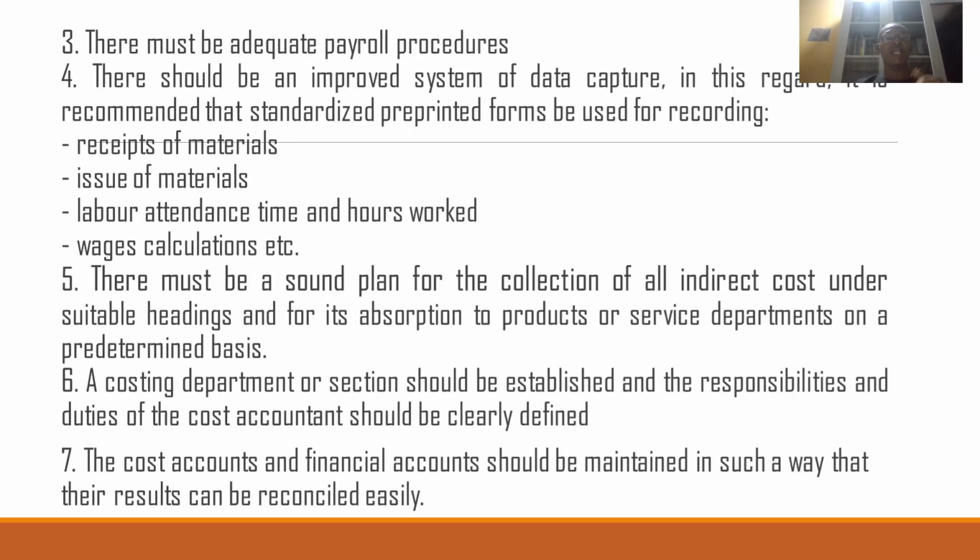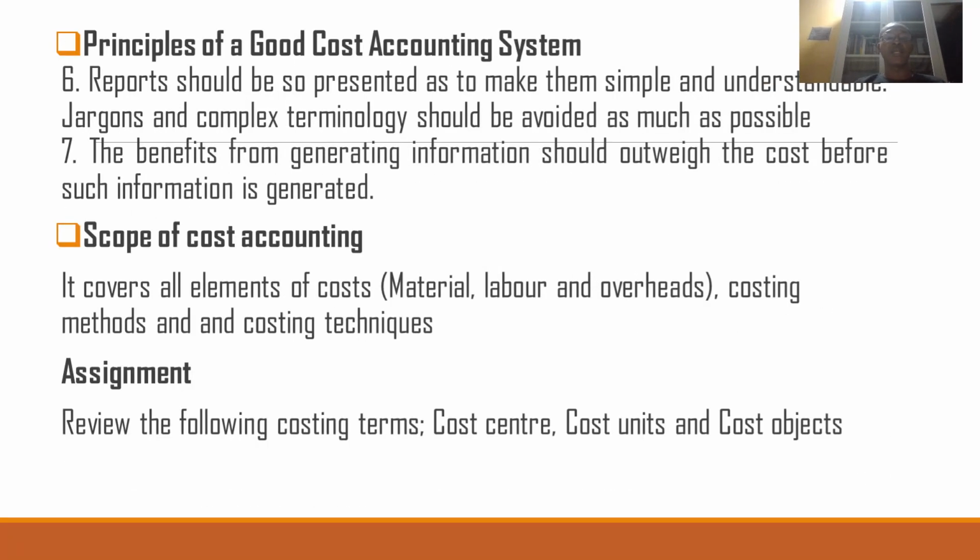Very important. And then we talked about the scope of cost accounting: material, labor, overhead, the costing methods, which talk about the nature of the company's business, and the costing techniques, how to value their finished product. So that is what this topic entails.